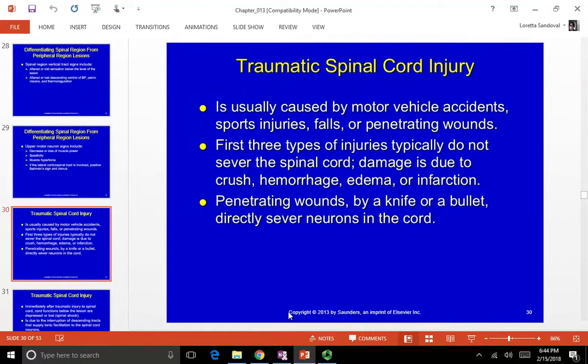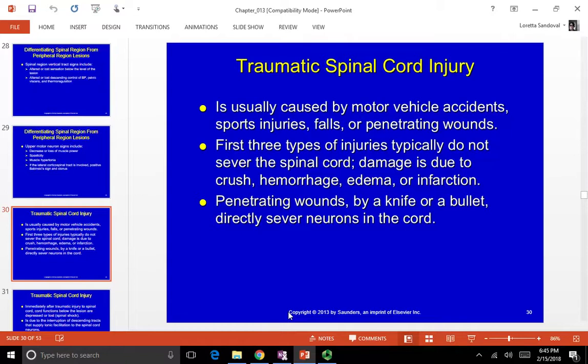So traumatic spinal cord injury is usually caused by motor vehicle accidents, sports injuries, falls, or penetrating wounds. So these are usually accidental; you don't get a traumatic spinal cord injury except by trauma. That's the traumatic part. So usually motor vehicle accidents, sports injuries, and falls typically do not sever the spinal cord.